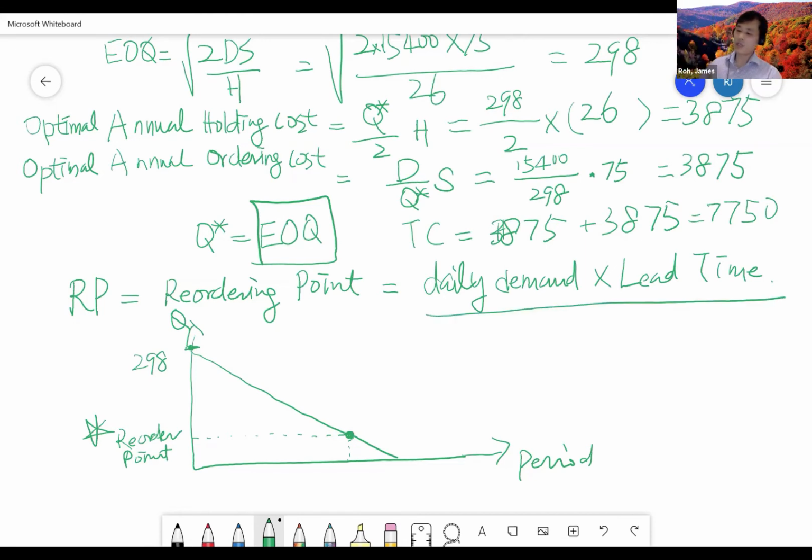So what is the daily demand and what is the lead time? I said daily demand is this delta. This delta is going to be your daily demand, and lead time is going to be this one. This is your lead time. Let me do this.